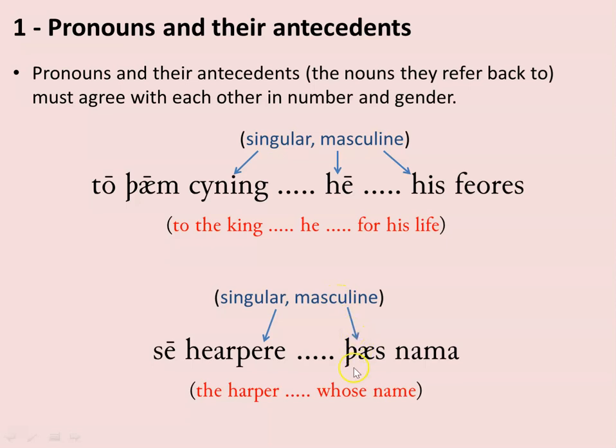So the noun and the pronoun are both masculine and singular. Same up here: he, his, singular in number, masculine in gender. They refer back to the king, kuning, a noun that is singular and masculine.